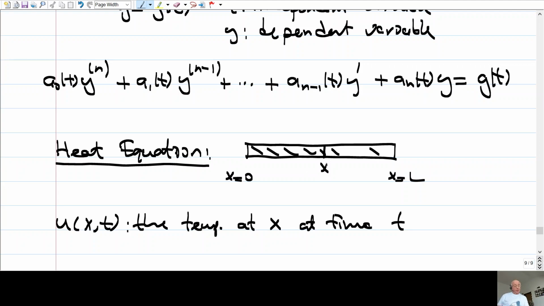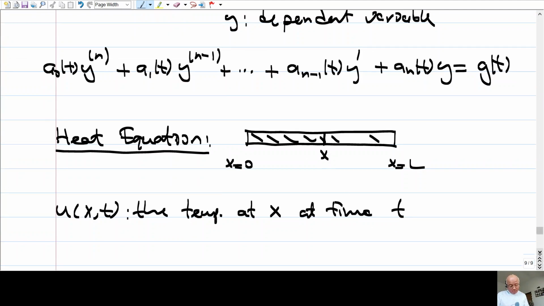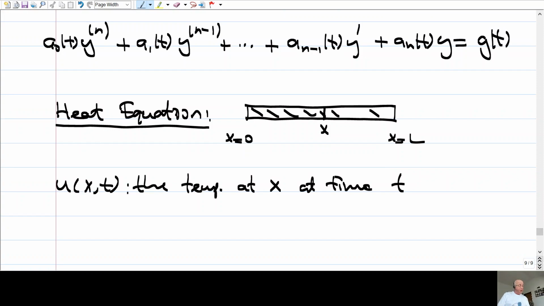So the temperature at this point at time t is denoted with this function u(x,t). Then this function obeys a differential equation.